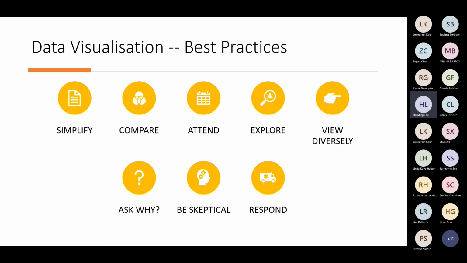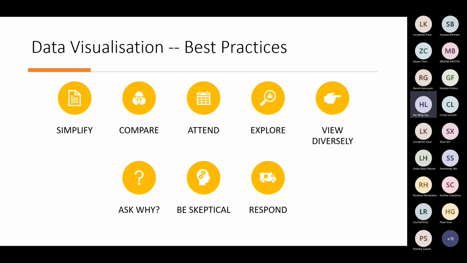And then compare. We need to be able to compare our data visualizations side by side. We can't hold the details of our data visualization in our memory, so we shift the burden of the effort to our eyes. We need to make sure that we provide visualizations that are comparable.